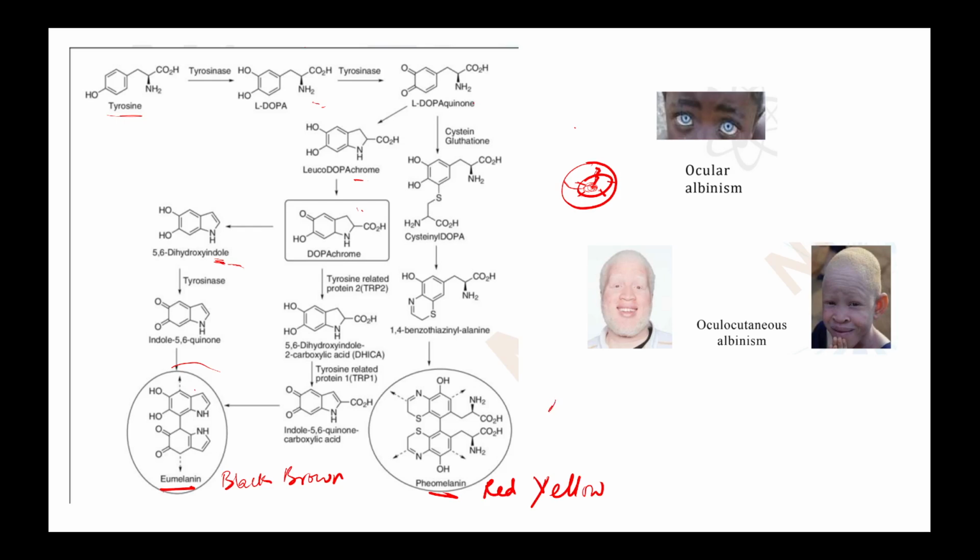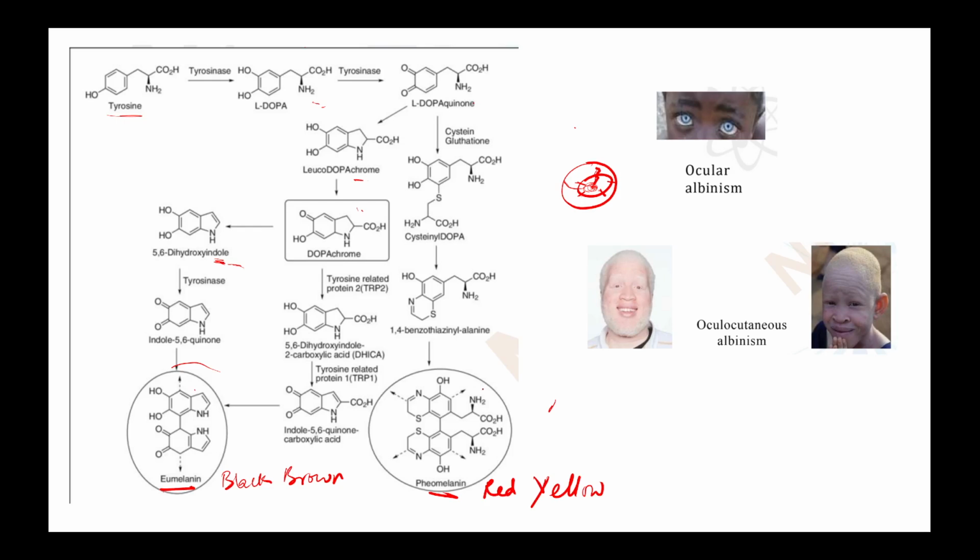Albino means white. Okay. So if the pigments are not forming, then there won't be any skin color. So you might have seen cases of vitiligo where certain patches of skin turn white. In case of total albinism, the whole skin, the complete body turns white, turns pale.